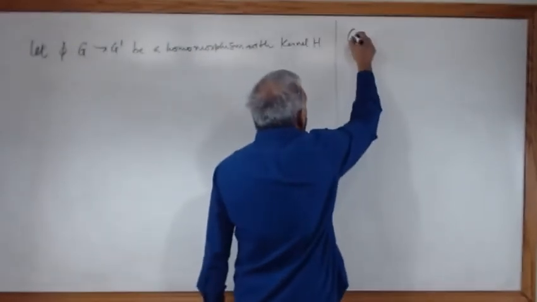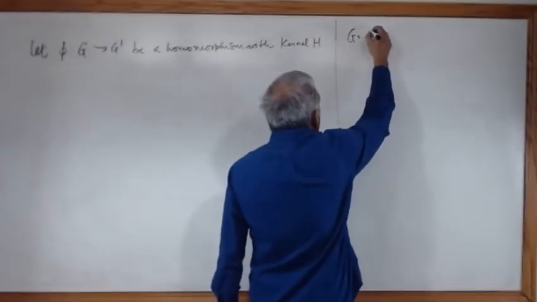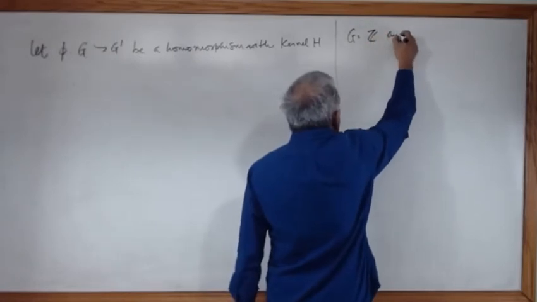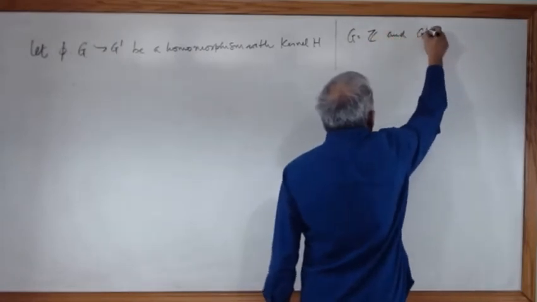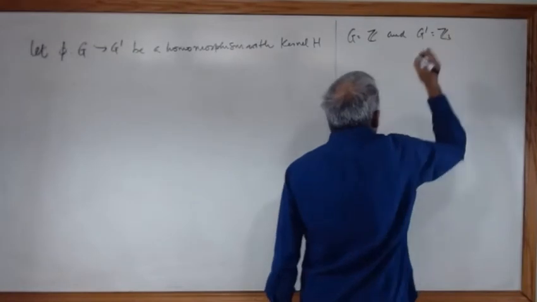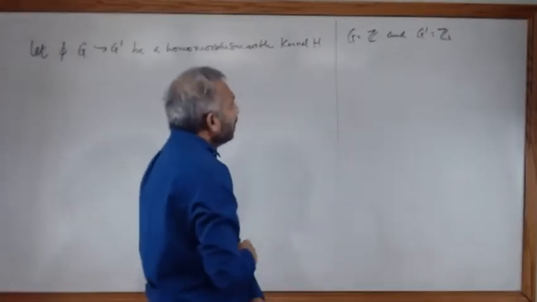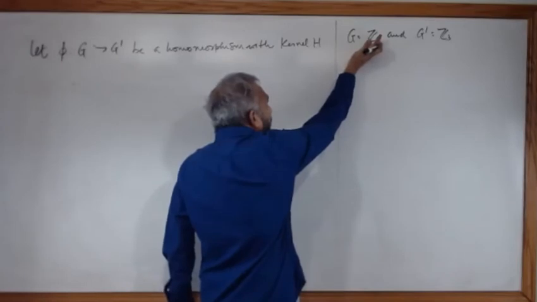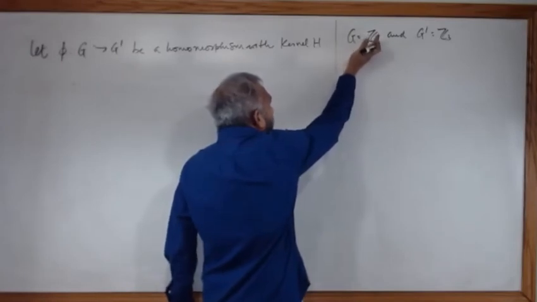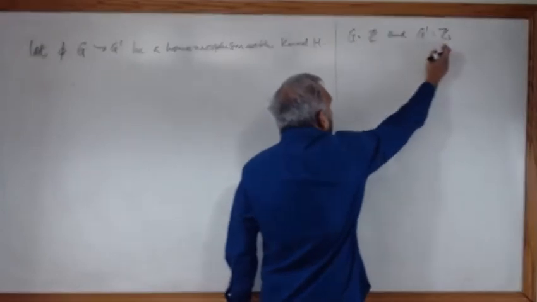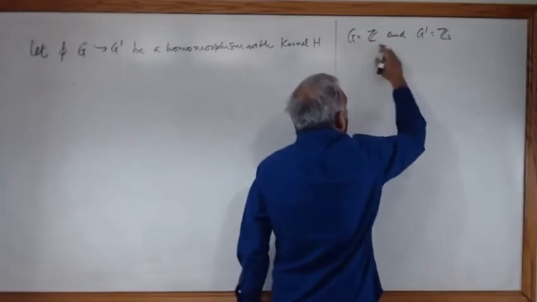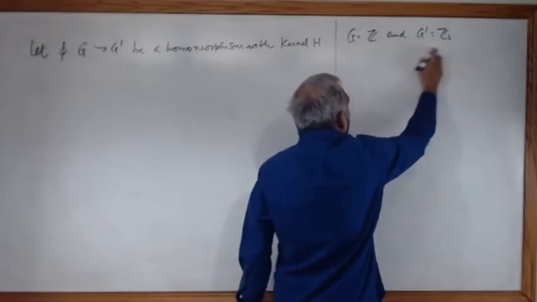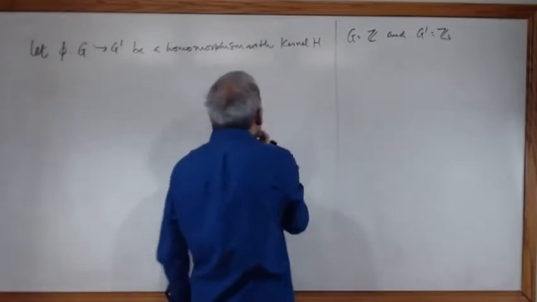Let us take G equal to Z and G prime equal to Z3. Our idea is to split Z into 3 disjoint subsets, and that is what we are going to do here using a homomorphism.